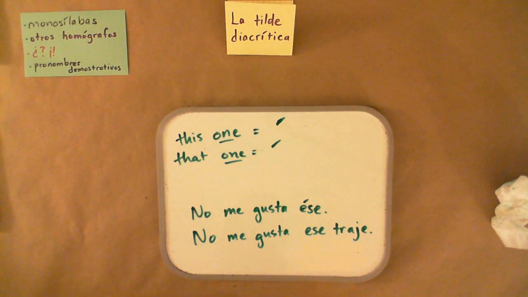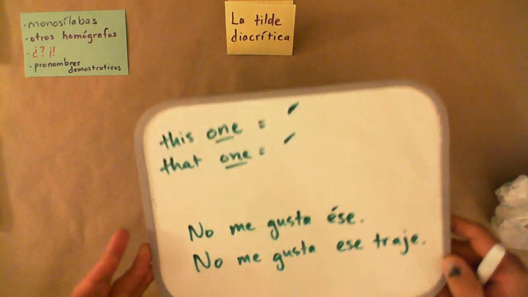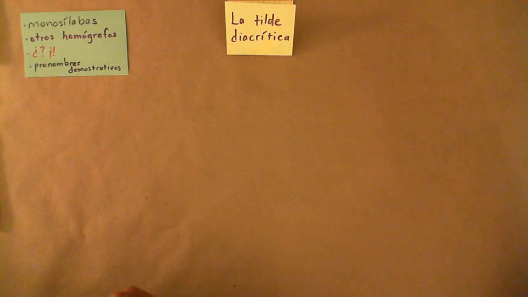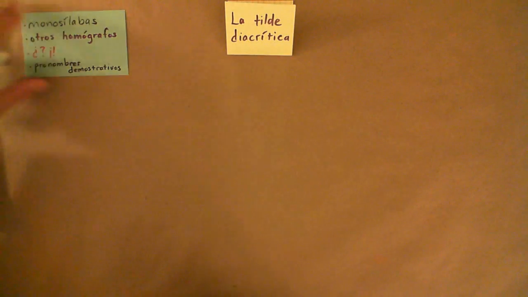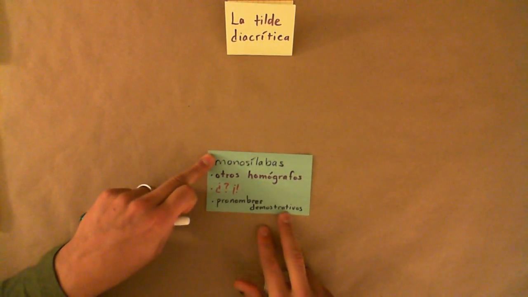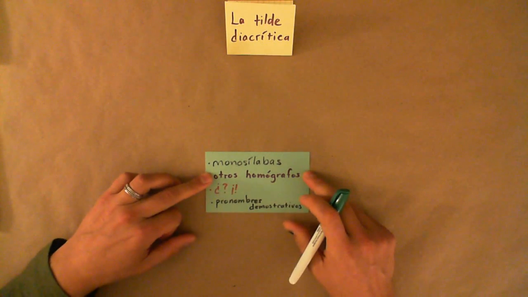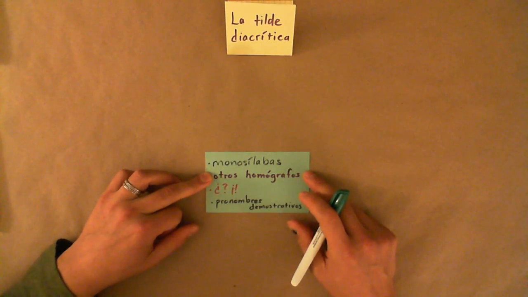Okay, it's a subtle difference, but in Spanish we differentiate between the two. And again, this allows for less ambiguity. If you see a word, you know not just what it sounds like, but also what it means. Okay, I think we got through all four things. So monosílabas is words like sí and si, or tú and tu. Otros homógrafos, we talked about aún and sólo.